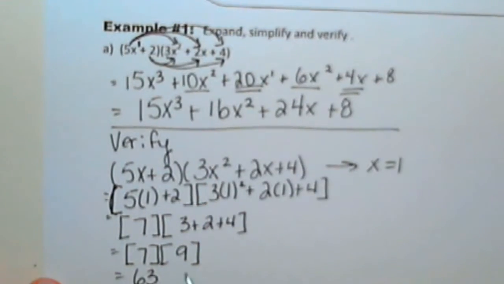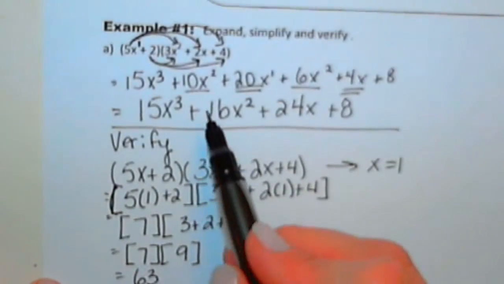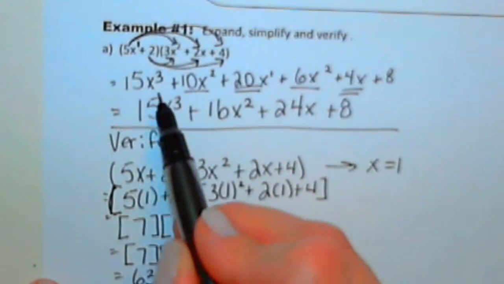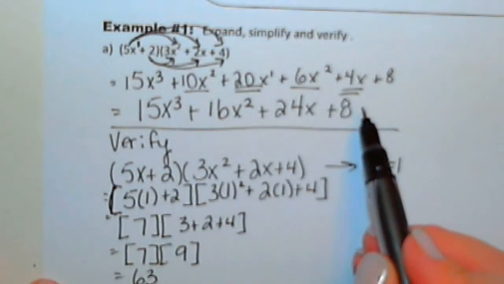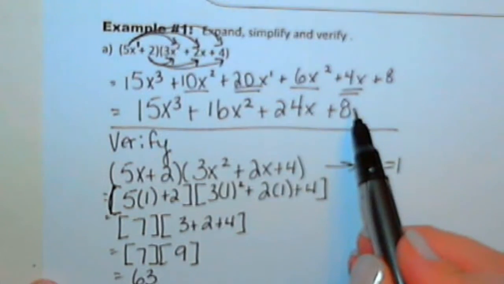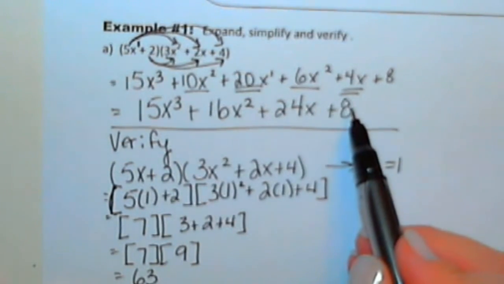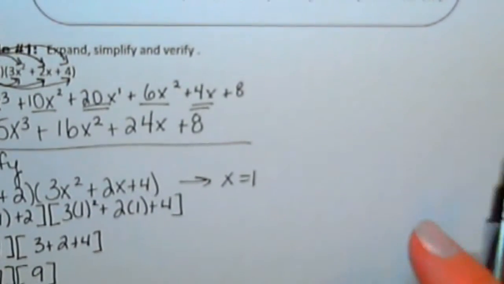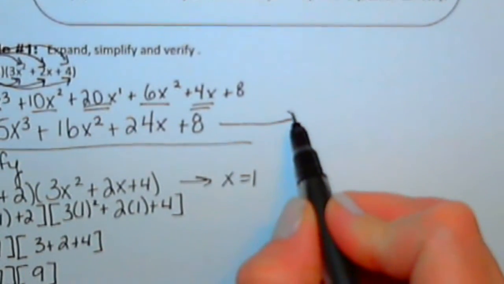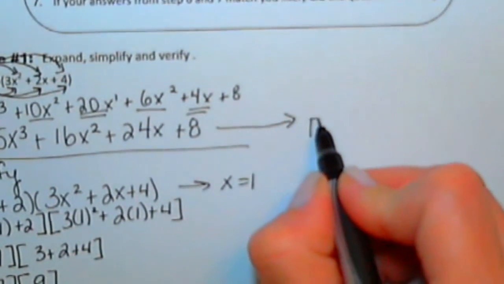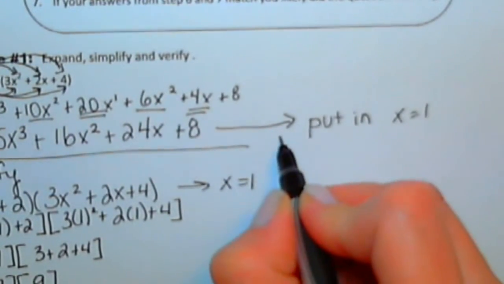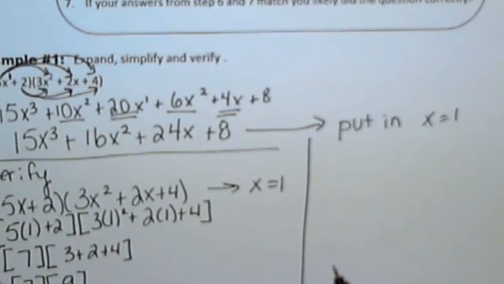Now what I want you to check is to see if when you substitute x equals 1 into your answer that you got, do you get 63? If you don't, you definitely made a mistake. So right here we are going to put in x equals 1. And what are we going to get when we do that?